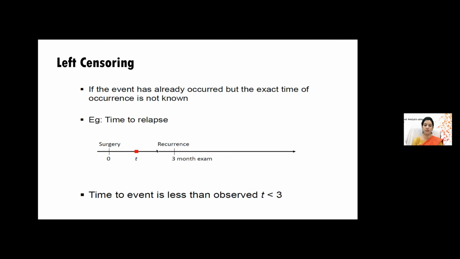So this observed time will always be more than the actual time. Actual time will be less than the observed time. So this is the left censoring. Any example of left censoring?